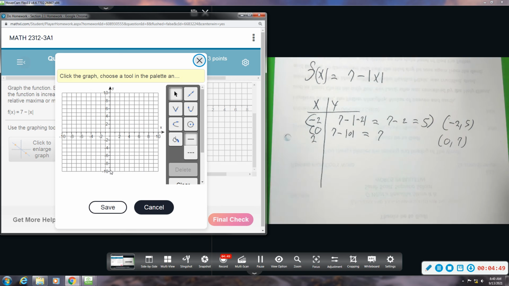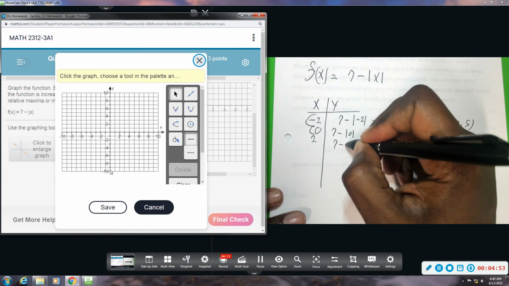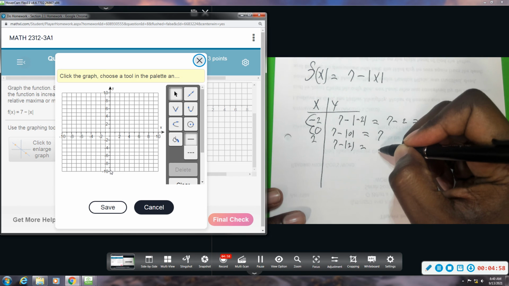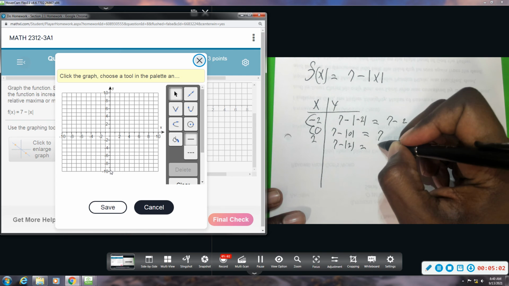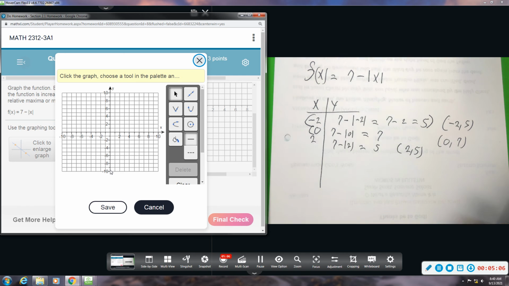Let me check this last point just to verify. If I plug in 2, we have 7 minus absolute value of 2, which gives us 5. So we have the positive ordered pair 2, 5. So let's make sure all 3 of these points match, and that'll help us out.